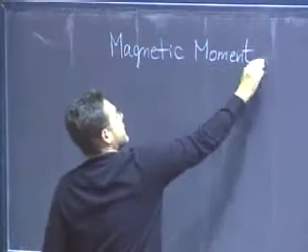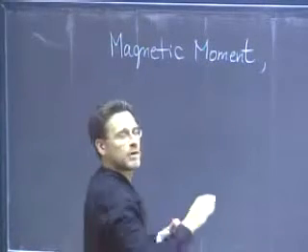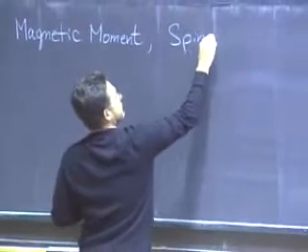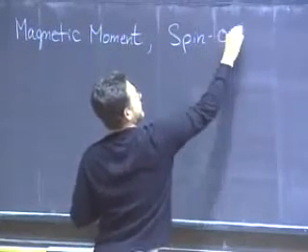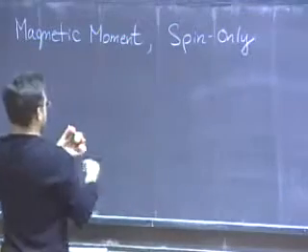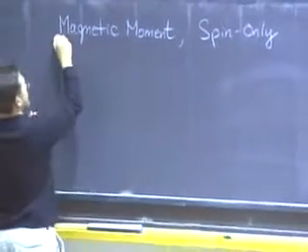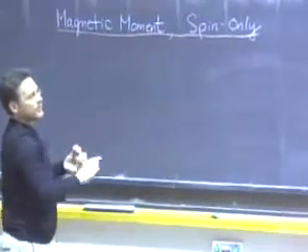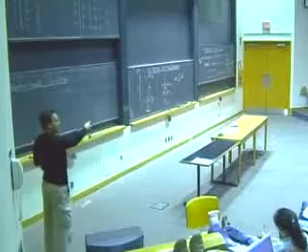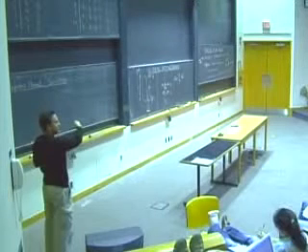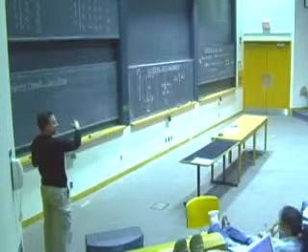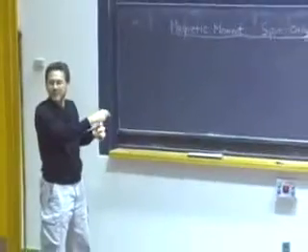And in particular today, I'm going to be talking about the spin-only value of the magnetic moment. So we're going to be making predictions using spin-only considerations. And for those considerations, we need to be able to calculate S. And we can do that pretty quickly after we've got a correctly populated, correctly chosen d orbital splitting diagram for the system.